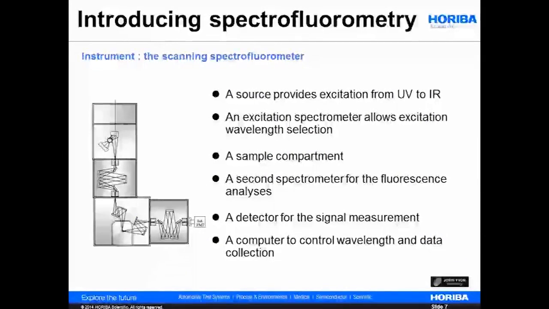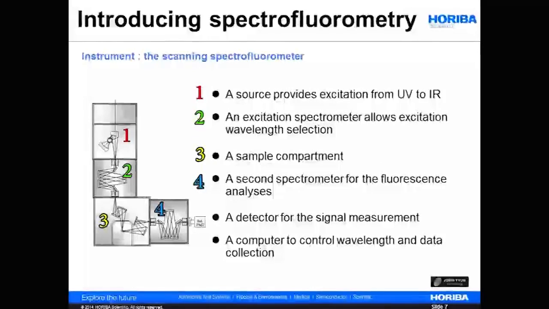From the instrumentation viewpoint, the most common device that is available for spectrofluorometry is the scanning spectrofluorometer. It features different components. First, a source which provides the excitation in a large spectral range from UV to infrared. Then, an excitation spectrometer which allows selecting the wavelengths of excitation and sending monochromatic light onto the sample.